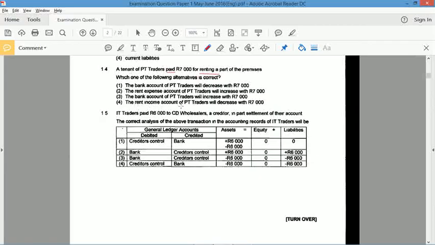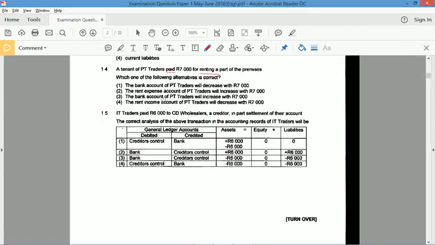The bank account of PT will increase. It's not a rent expense. That's right. They're not looking at the rent income part here.